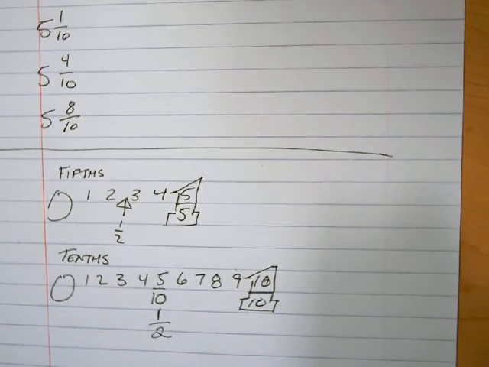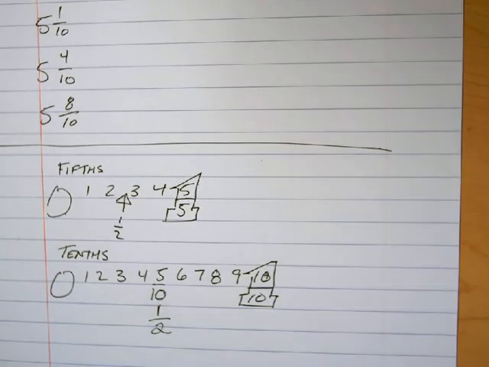Okay. Now, for 5 1/10, I'm going to do the same thing for the 1/10. The 5 wholes I don't need to worry about right now, just the 1/10. I already figured out where half was. 5 out of 10 is a half, because you could divide both of those by 5, and that's half. Also, if you put your pencil there, you can see there's 4 marks on the left before 0 and 4 marks on the right before 1 whole, so that's the middle, so that's halfway. 1/10, well, that's pretty easy.